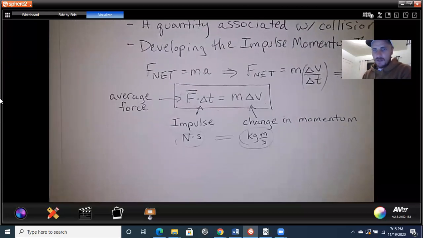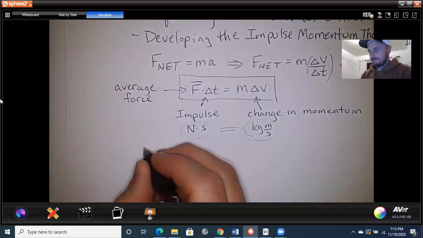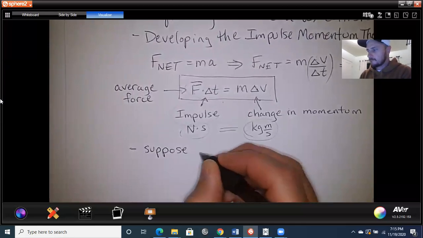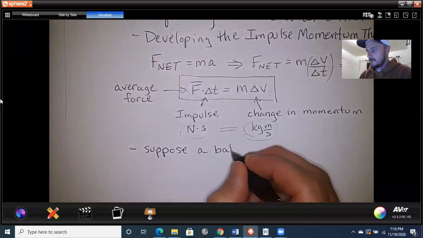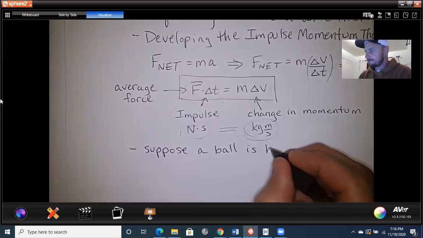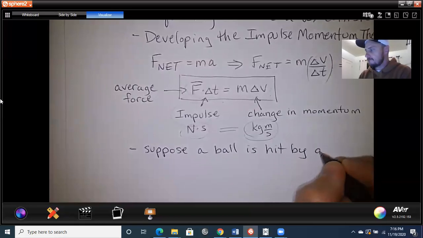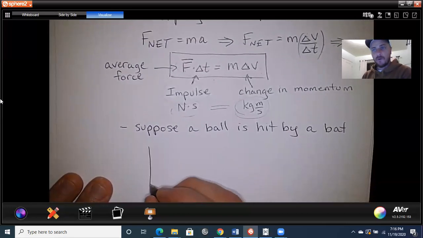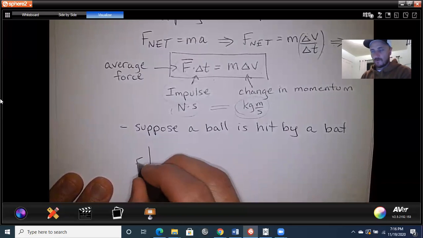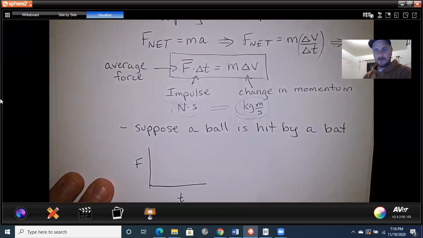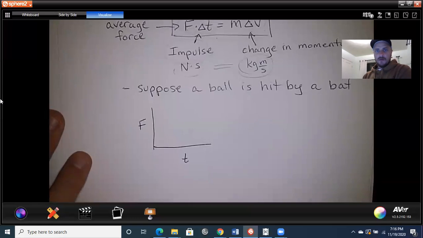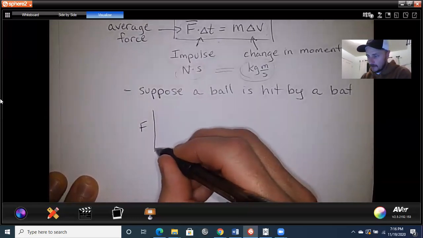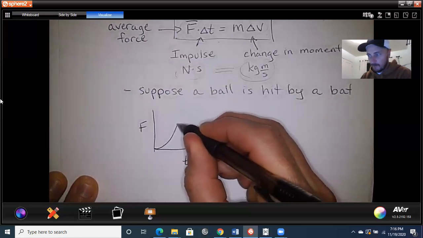Let's draw a picture of that. So let's say, suppose a ball is hit by a bat. How would we graph that? Well, we would put the force here, and we would put the time here. And so I'm going to basically draw what I just explained to you without explaining it all over again.